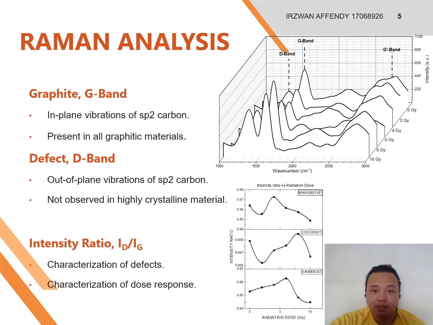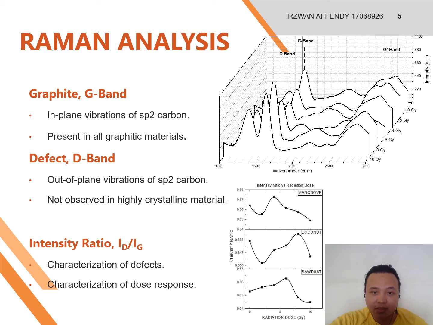Next, Raman analysis was performed on a control sample that was not irradiated and samples that were irradiated with gamma ray at a dose range of 2 to 10 gray. The figure on the right-hand side is the Raman spectra of mangrove charcoal. As you can see, the two most prominent peaks of charcoal are the defect band D and the graphite band G. The G band can be attributed to the in-plane vibration of sp2 carbon atoms, and it is common in all graphitic materials.